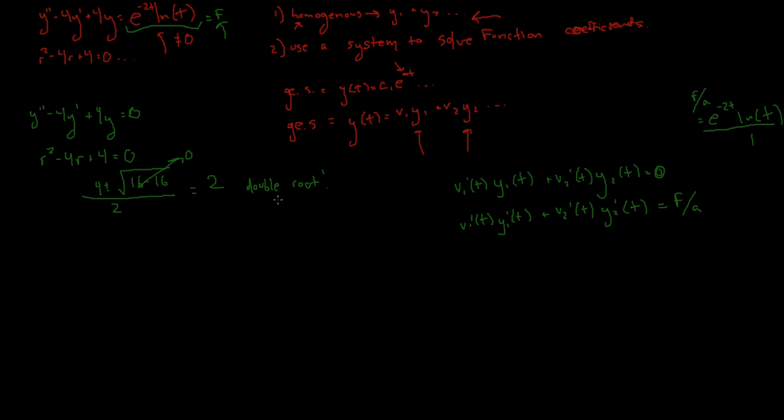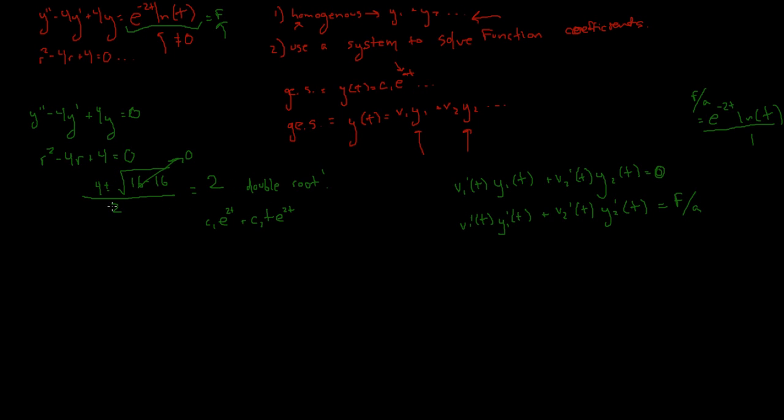So what happens when you get a double root? Your solutions to the homogeneous equation will be c1 e to the rt, plus c2 times t e to the rt.